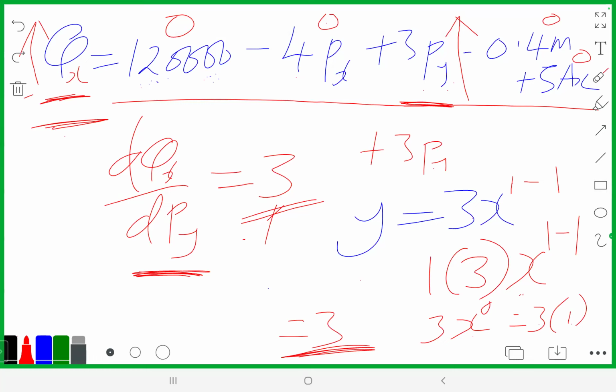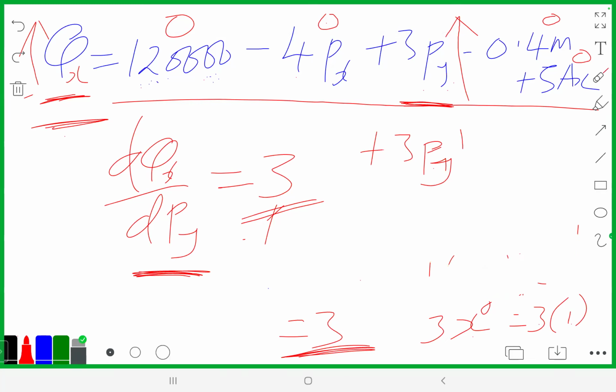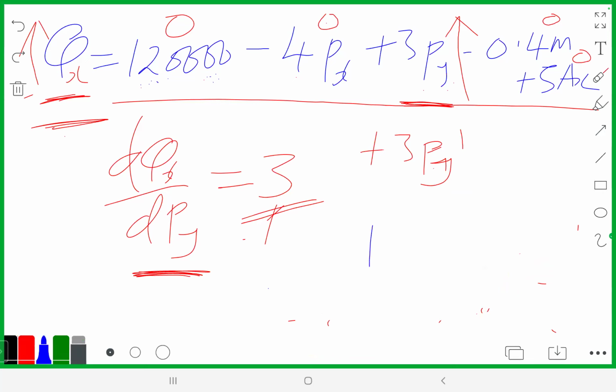We didn't want to go through all these steps here. 3py is just treated as one thing, py is just as a number, just like x. So this is raised to the power 1. We didn't want to go through all these steps where we start saying 3py to the power 1, you drop the power, it becomes 1 times 3py to the power 1 minus 1.